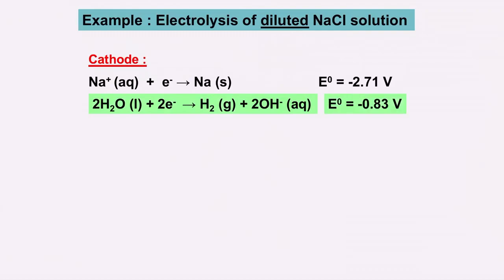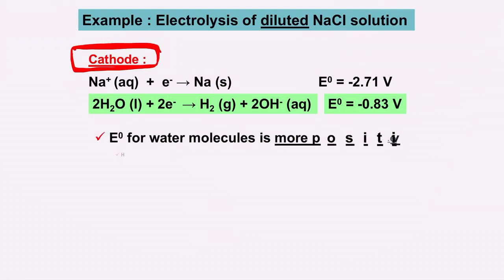Between those two, for the cathode, the cation that you are going to discharge will be the one that has the more positive E0 cell.